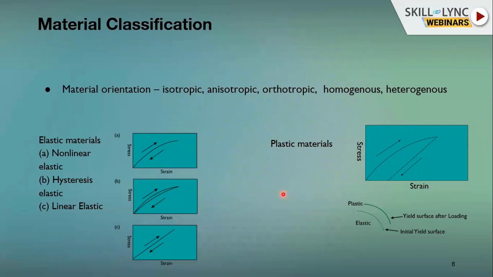If you could see it, in a particular material, how that develops is when your dotted line is elastic, you will have an initial yield surface, which you can just imagine. And beyond that particular limit is where this changes. So it reaches a zone where the yield surface will still be there after loading. That brings in the plastic deformation if you don't unload it, and it goes on with the permanent deformation.